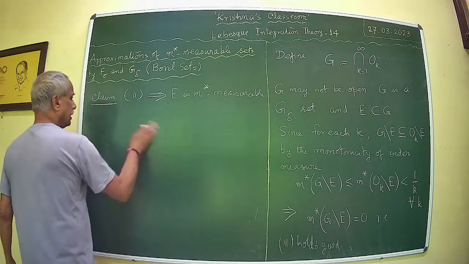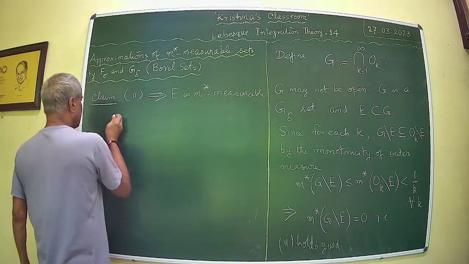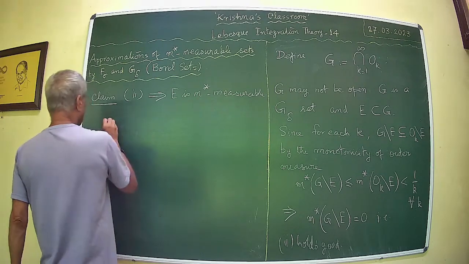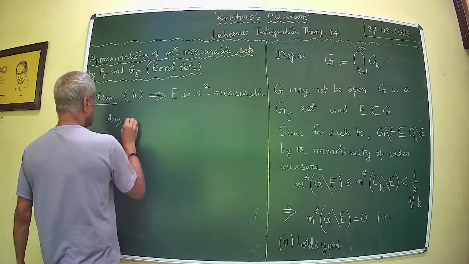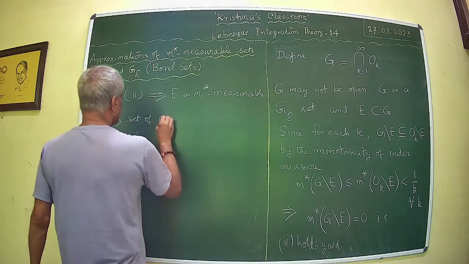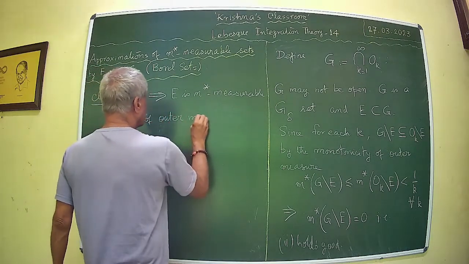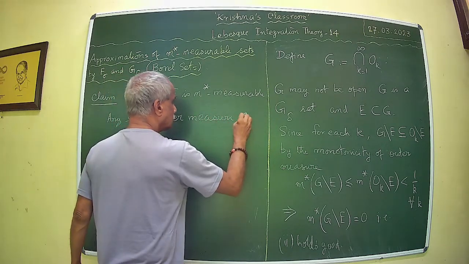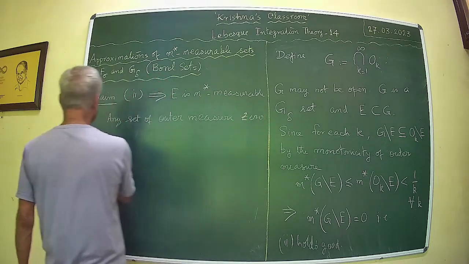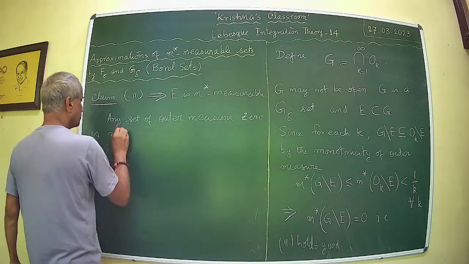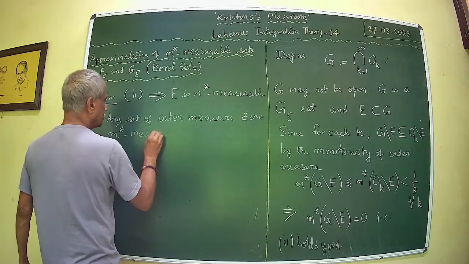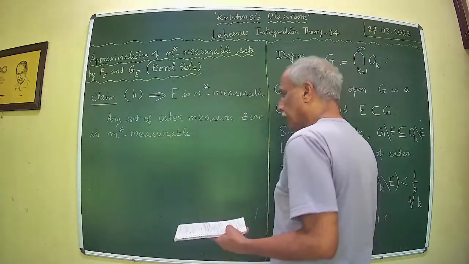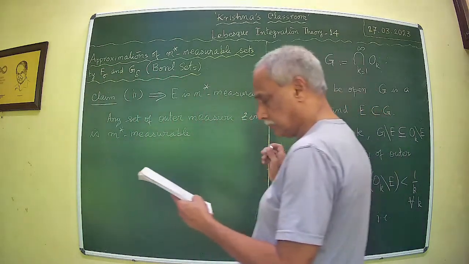Now the crucial result that we use is that any set of outer measure 0 is measurable. This is a property that we have proved earlier.